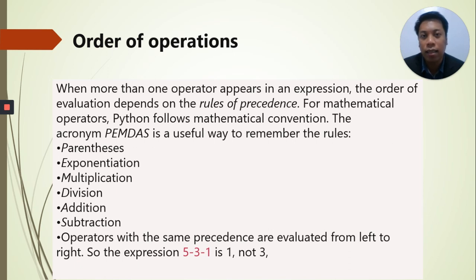That stands for parentheses, exponentiation, multiplication, division, addition, and subtraction. Now, if the operators are the same, they are evaluated from left to right. Just like in our example, the expression 5 minus 3 minus 1 is 1. And it's not 3 because it is evaluated from left to right.